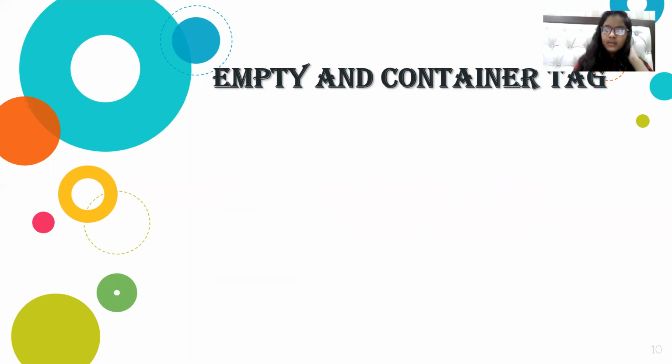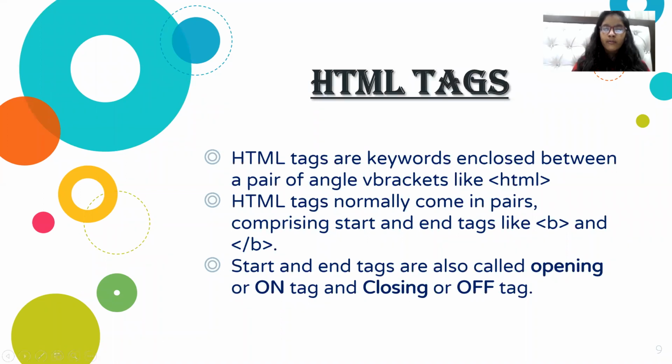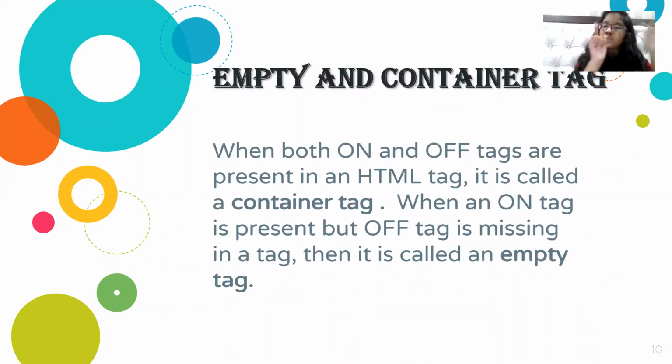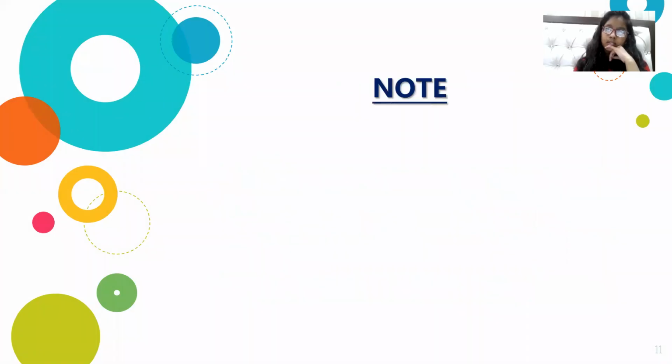Normally tags come in pairs. It's not compulsory that everything comes in pairs, but what we are learning now comes in pairs. When both on and off tags are present, it is a container tag, and when the off tag is missing, it is called an empty tag.